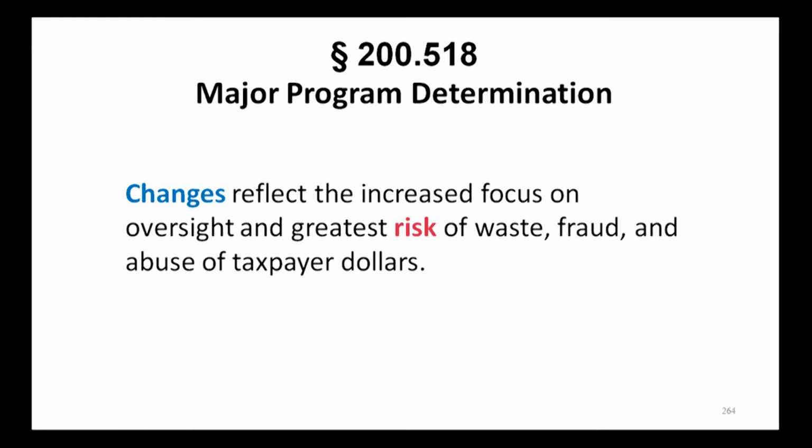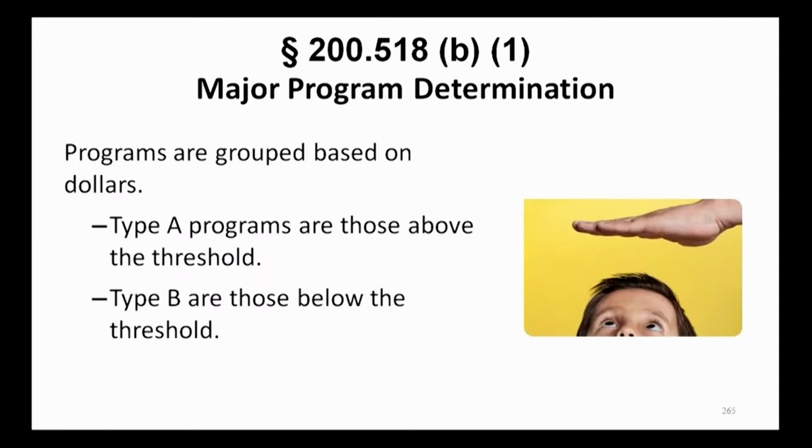Major program determination, we want to take a look at in 518, what's changed under major program determination. So the changes that we're going to look at here reflect, again, emphasis on the focus on oversight and looking at where's the greatest risk of waste, fraud, and abuse of taxpayer dollars.